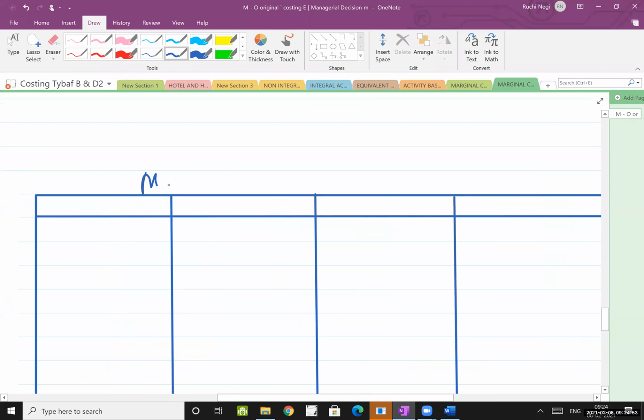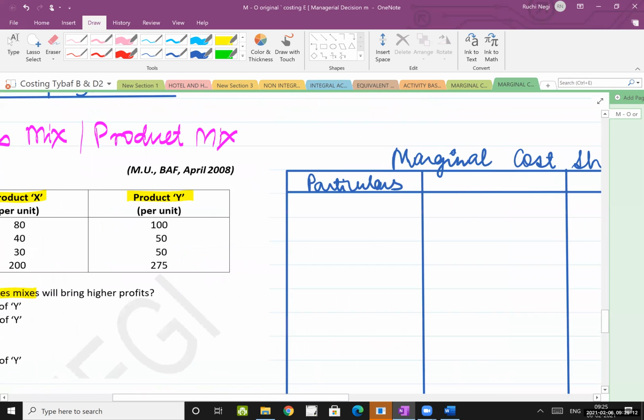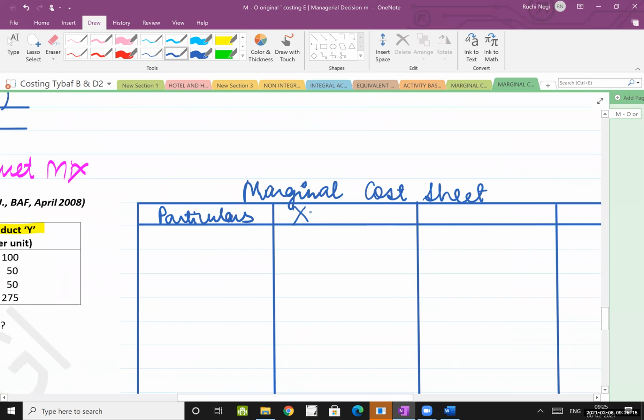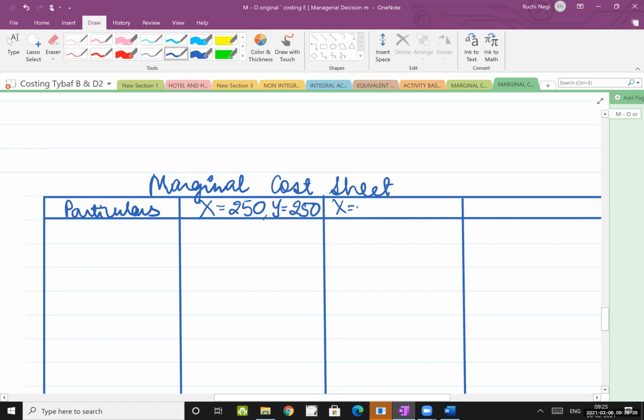Let's write a marginal cost sheet. Particulars. What is the first option? 250 units of X and Y. X 250, Y is also 250. Next, 150 and 250. X 150, Y 250.